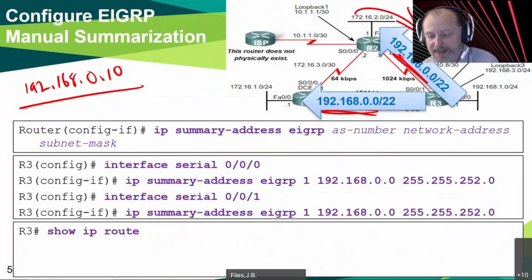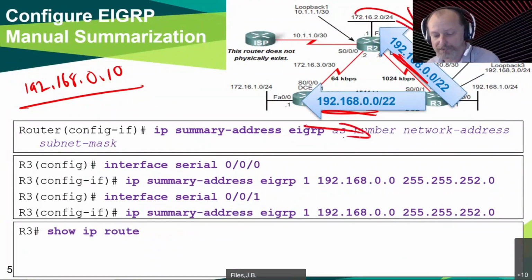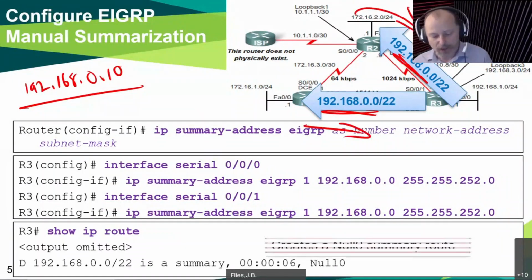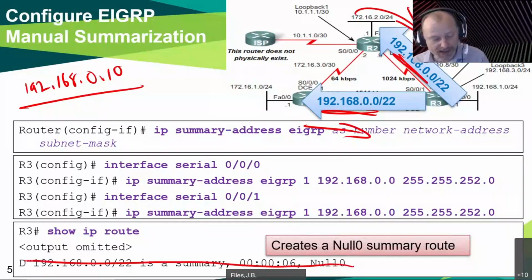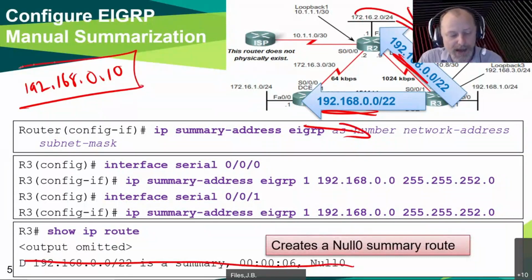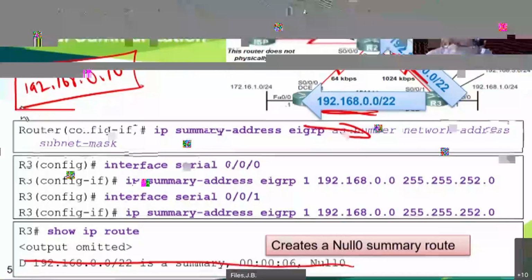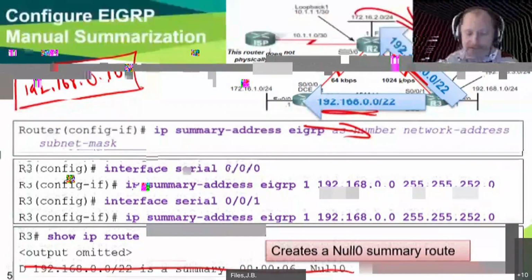So they're going to send that packet to R3. What's R3 going to get? Okay, well, let's assume that this is not there. R3 is going to get a packet for this, and it does not have a directly connected subnet for the 0.